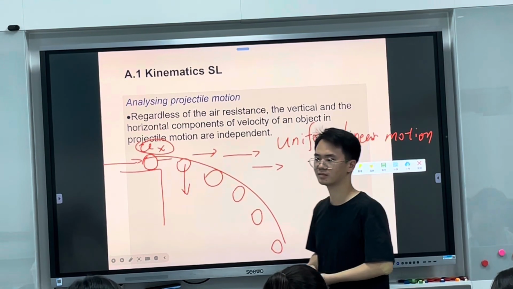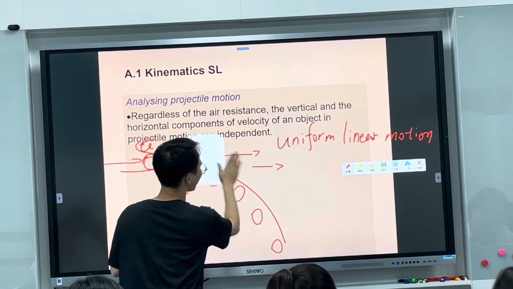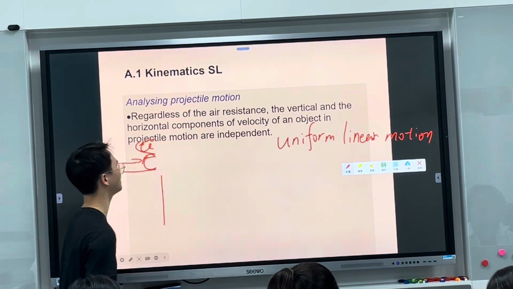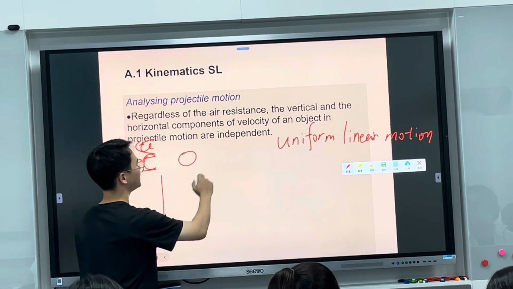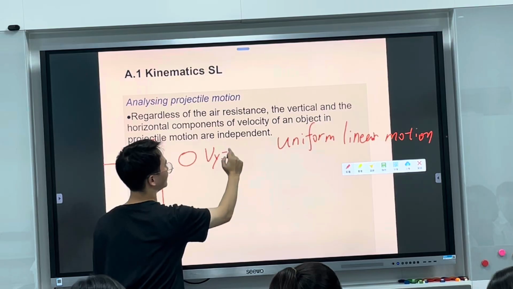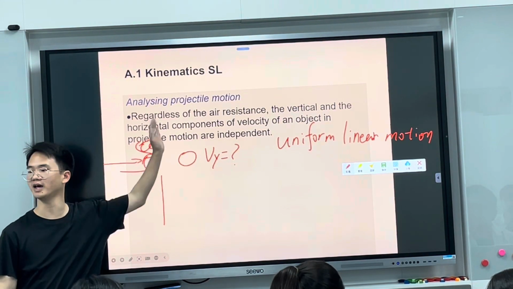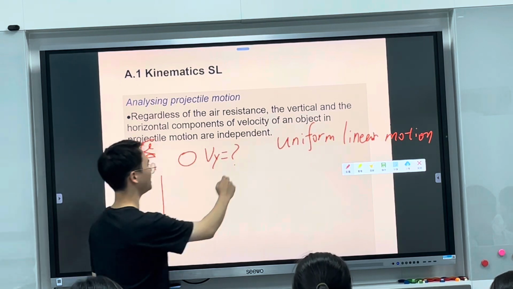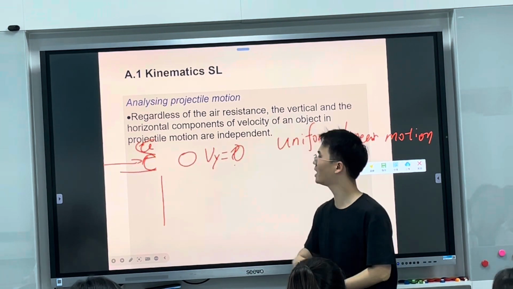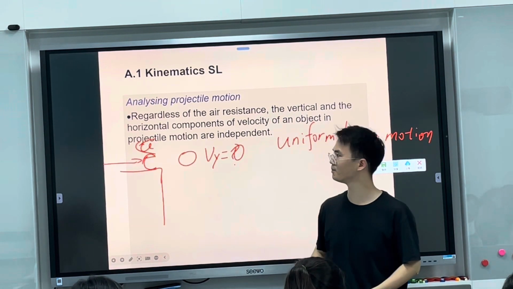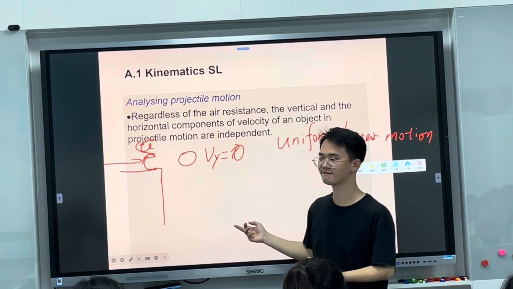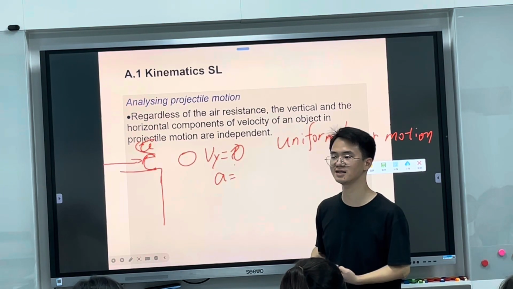Okay, that's the x-axis. What about the y-axis? We know that they're independent from each other. Initially, does it have Vy? No, because it's not moving, right? So initially Vy is 0. But after it leaves the table, does it have acceleration? Yes. Is the acceleration constant? Yes.